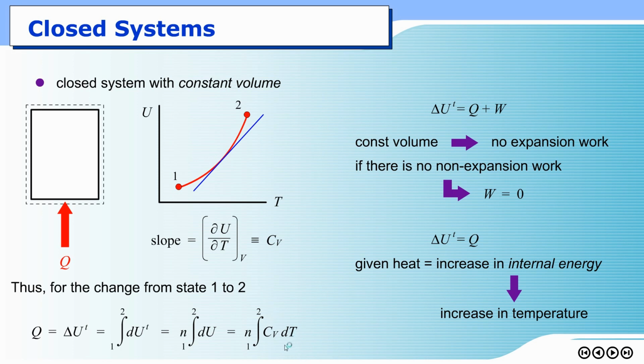Such integration is taken with respect to temperature, so 1 here is temperature 1, and 2 here is temperature 2. In general, this CV, or heat capacity at constant volume, may not be constant. It can be a function of temperature. So you plug this function in there, integrate with respect to temperature, and then you can calculate the amount of heat required.